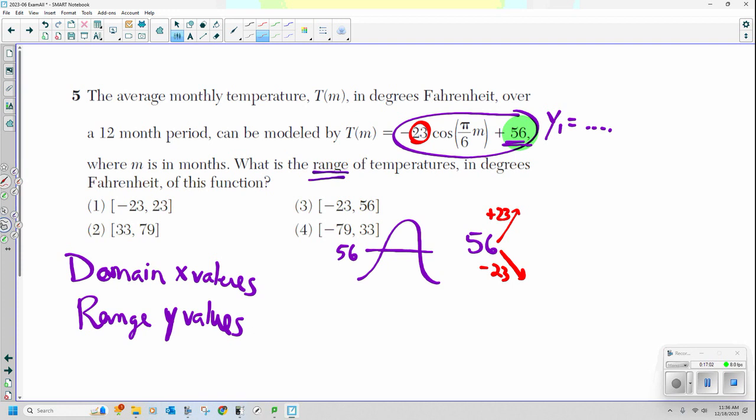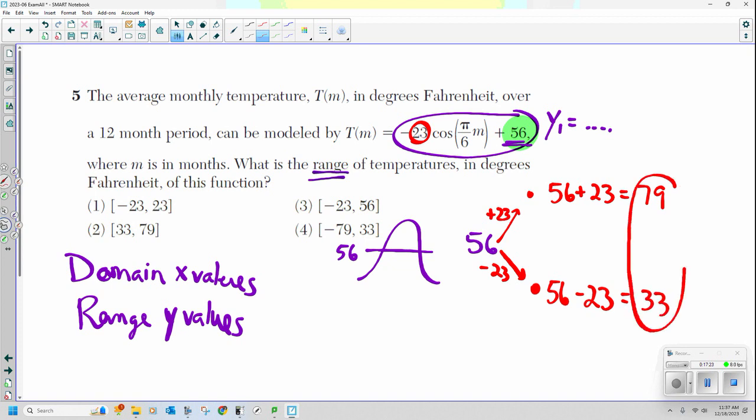So if I want to find the max point and the minimum point, for the max point, I take my middle, 56, and add 23 to it, which gives me 79. And for my low point, I subtract 23 from 56, which gives me 33. So the range of my y values goes from 79 to 33. Look at that. Choice 2.